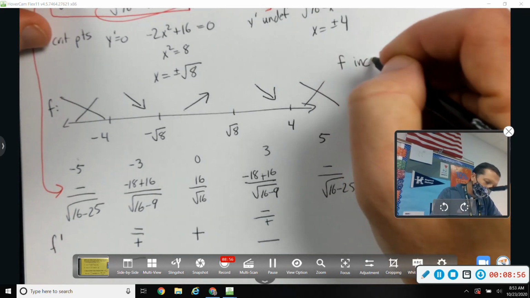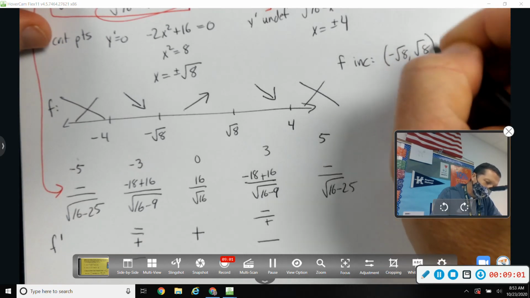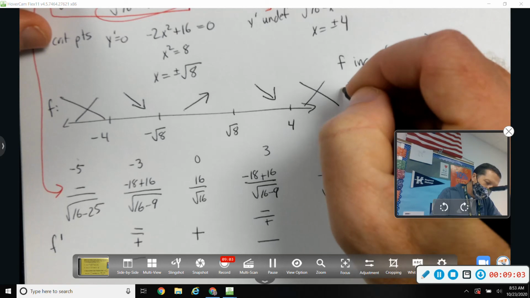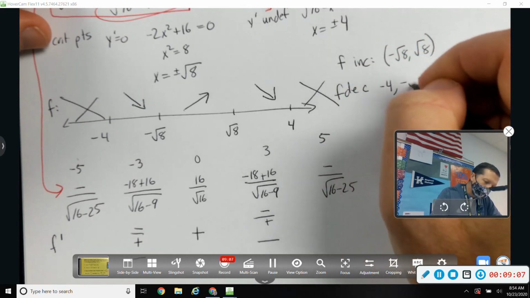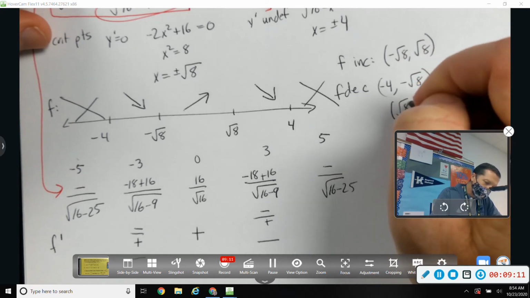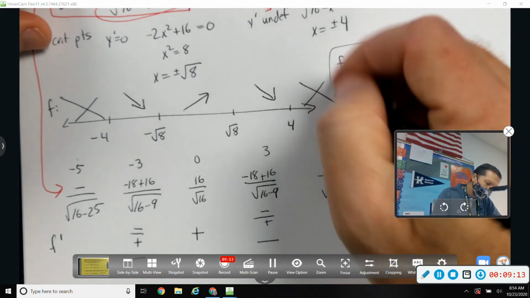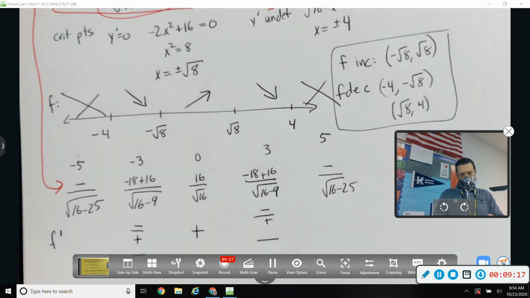So F is increasing from negative square root of 8 to square root of 8. F is decreasing from negative 4 to negative square root of 8 and square root of 8 to 4. My goodness, that was a 9-minute problem.